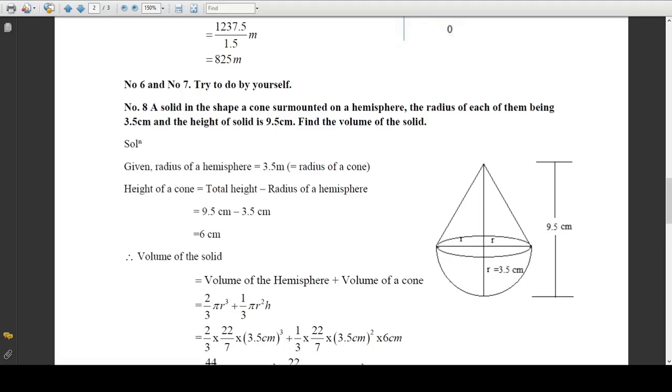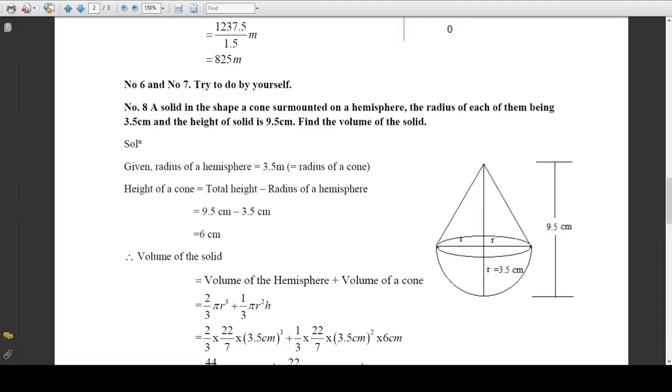This 6 meter will be the height of the cone. Now we have got the height and the radius, so we can easily find the volume of the cone, and then the volume of the hemisphere. Adding these two, you will get the total volume of this solid.